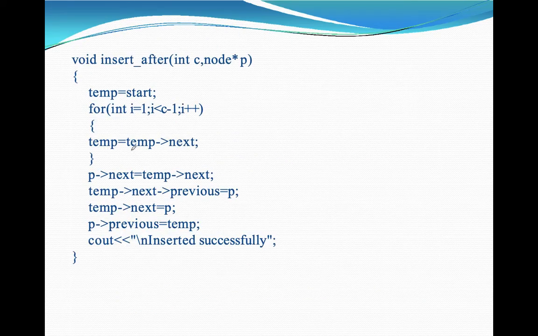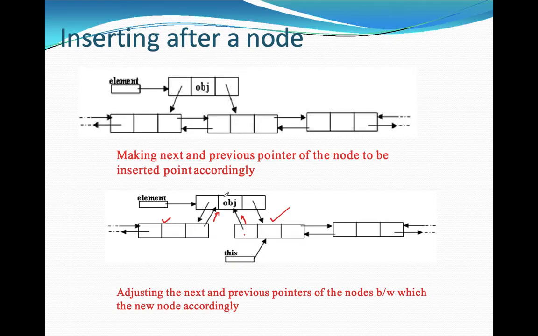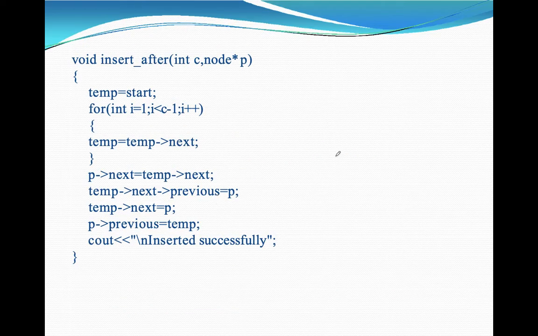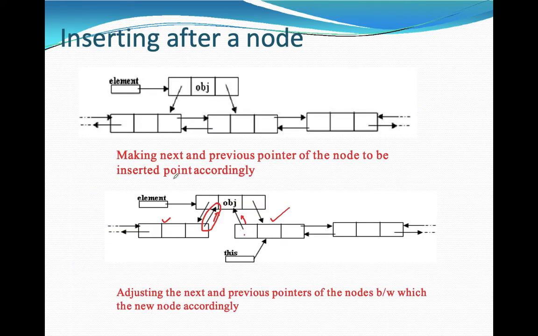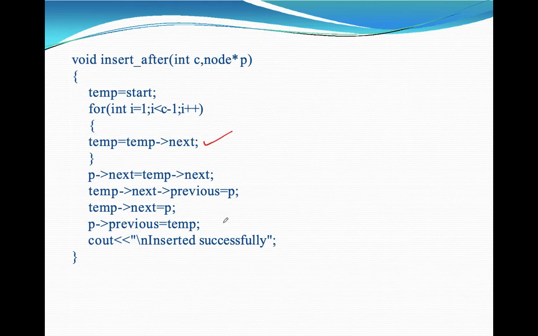Same process. We are just storing this one in one variable. So this is temp. The next of the new node is pointing to temp next.